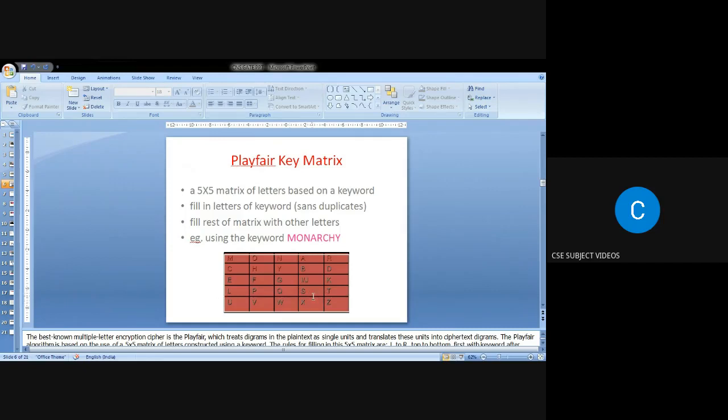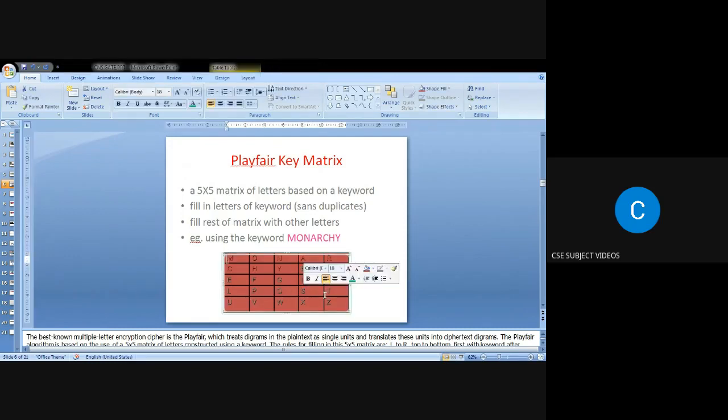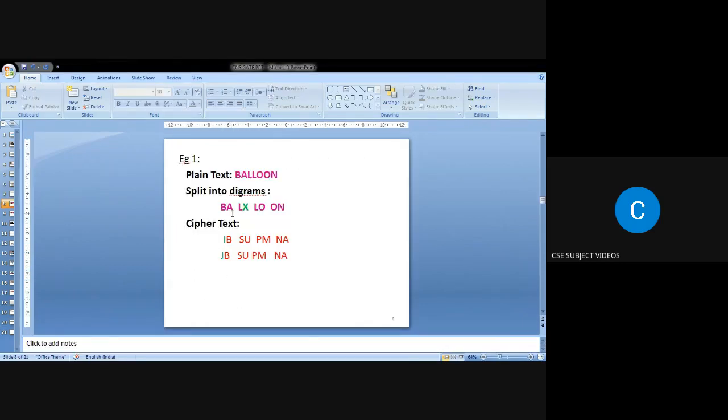L is a row, X is a column. So here L is being replaced with S and X is being replaced with Y. See here, L is replaced with S and X is replaced with Y.